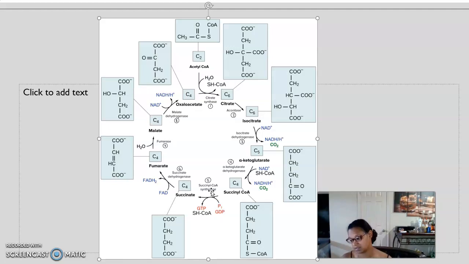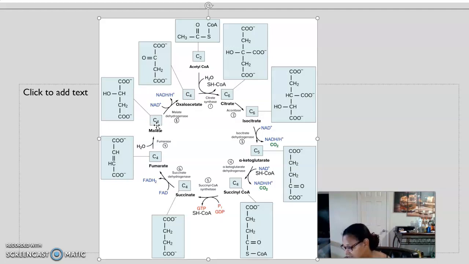Step 6 of the citric acid cycle is a dehydration process that converts succinate into fumarate. Water is then added to the fumarate in the next step, and malate is produced.